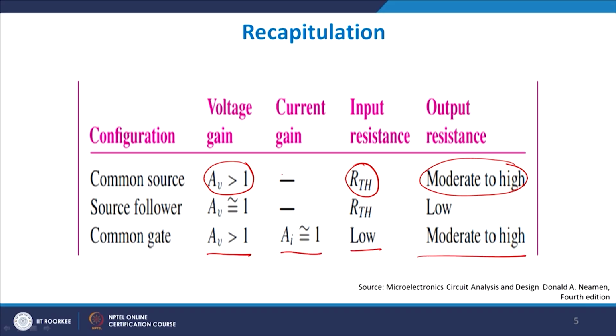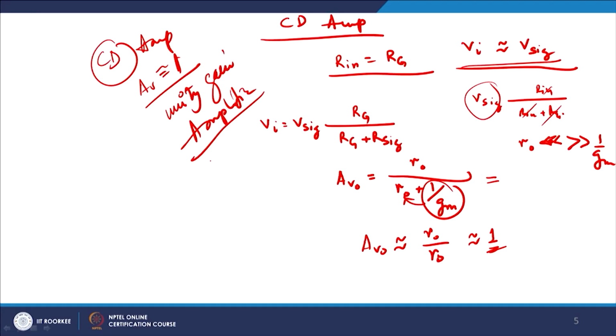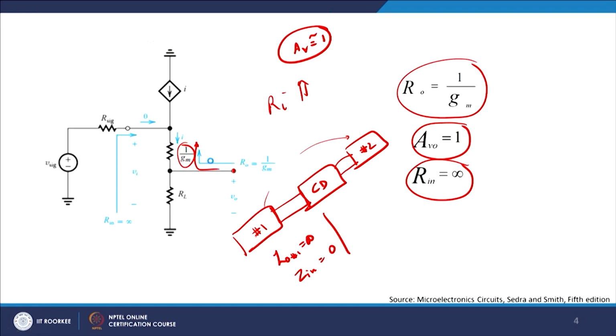Okay, common drain, this is also referred to as CD. Common drain is basically a source follower. I will explain to you why it is also known as source follower. The source follower primarily means that whatever voltage you give on the source side, exactly the same appears across the output, without any gain or loss, because your AV equals 1, and therefore, this is also referred to as a source follower.